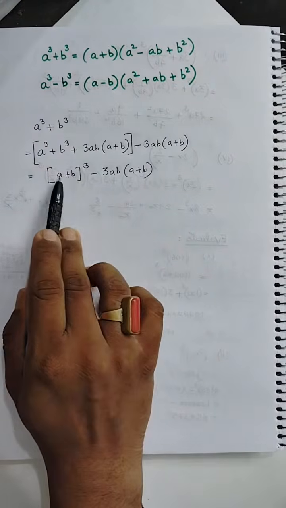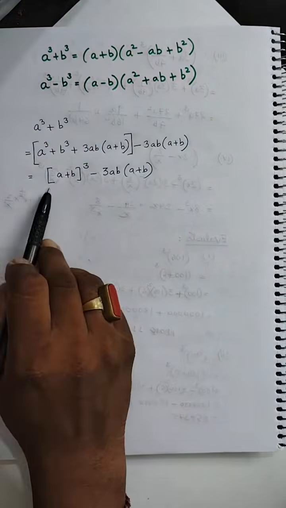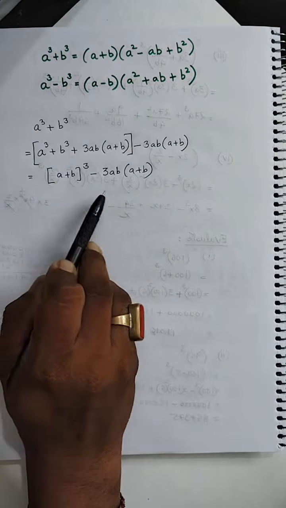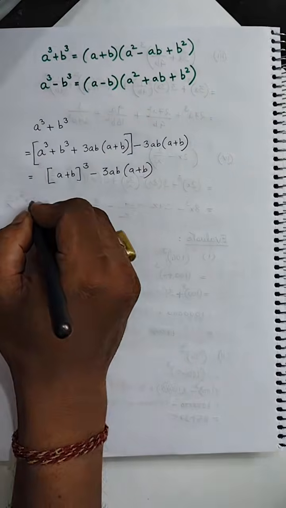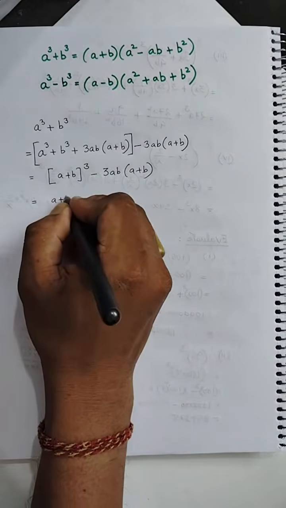That means a plus b whole cube means we have a plus b multiplied by a plus b multiplied by a plus b, right? So out of these two terms, we can take out a plus b as a common term.